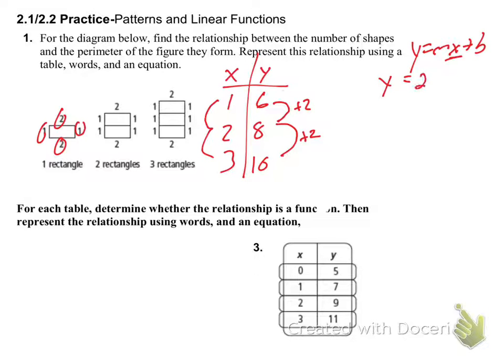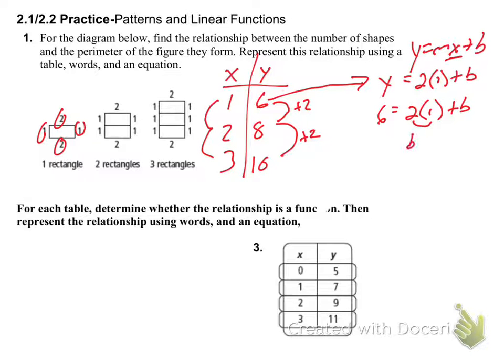So that'd be 2 times x, which is 1, plus b. Now, I can put this y right here, the 6, right in there. So 6 is equal to 2 times 1 plus b. And then I just multiply this, which is 2, and then subtract it from each side.